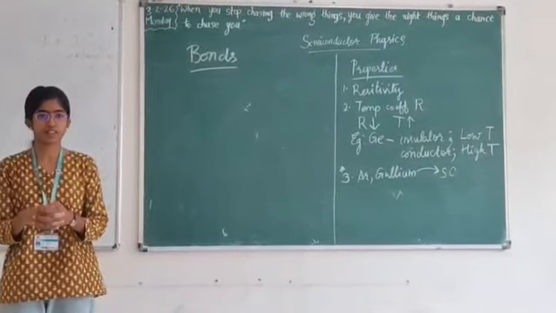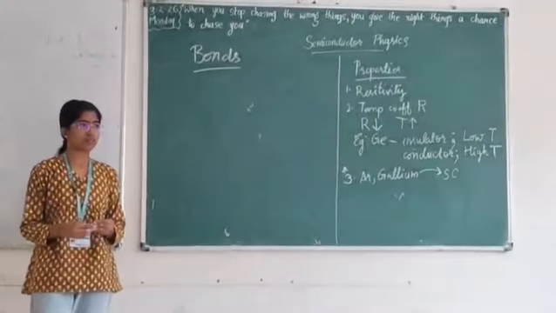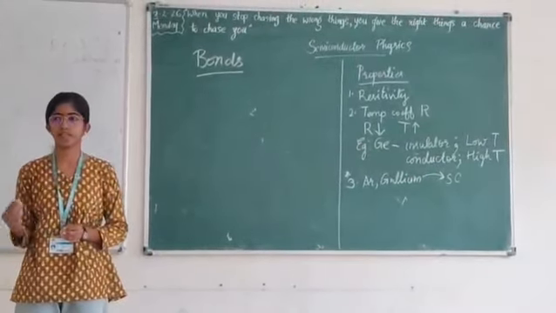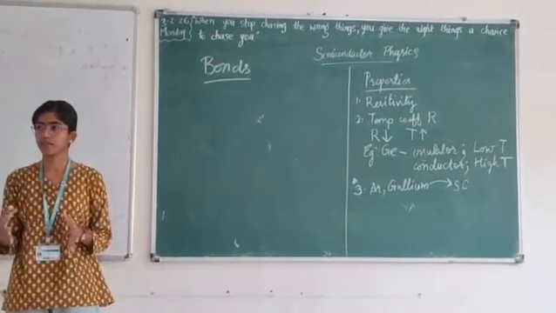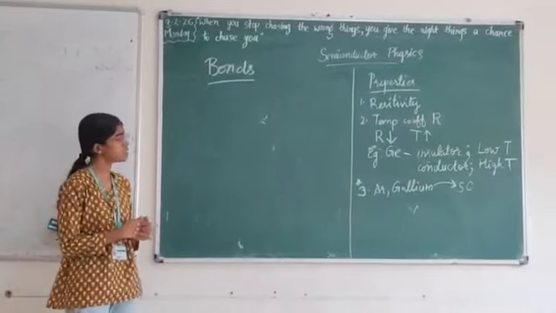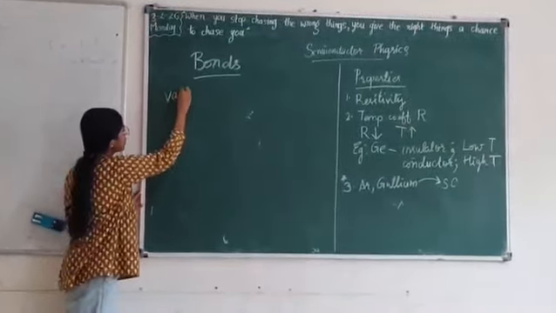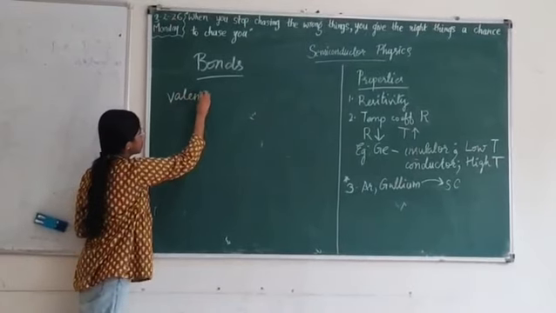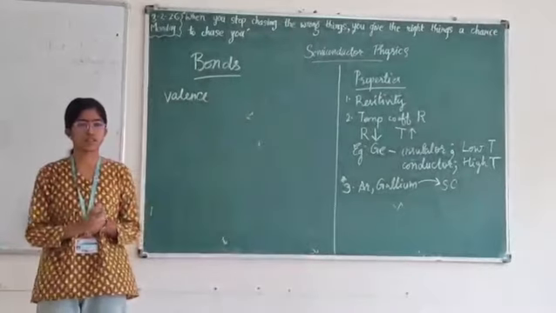Bonds are something that keeps the atoms of the elements together, or helps them be held together. So it is due to the bonding action of valence electrons that makes the atoms stay together.